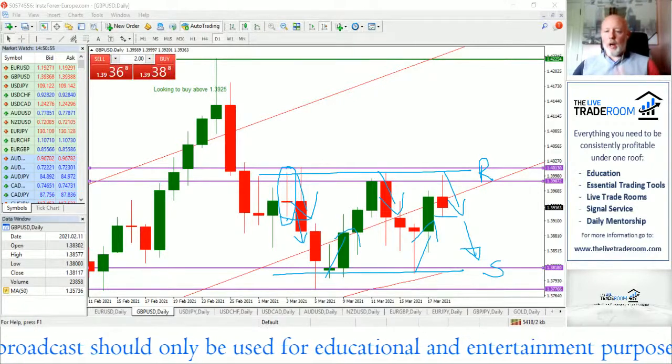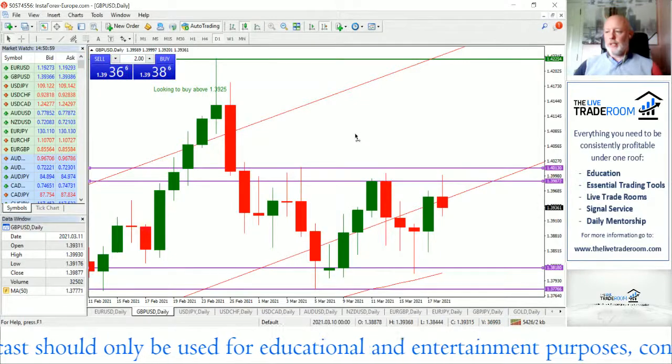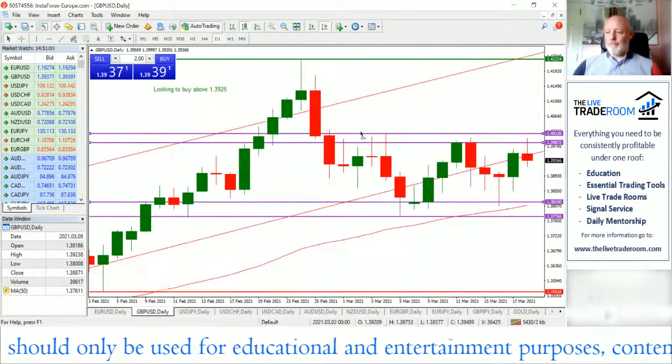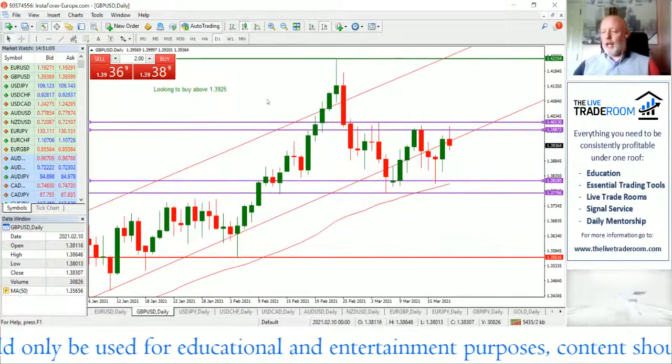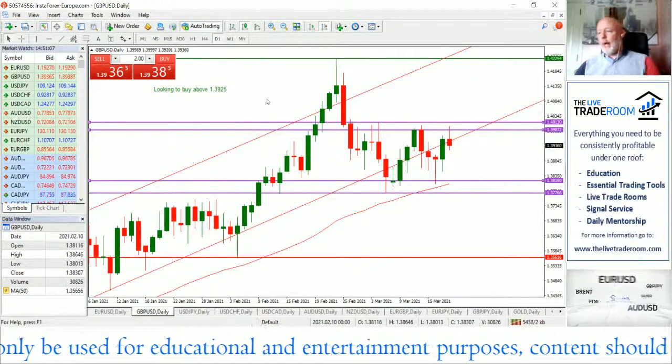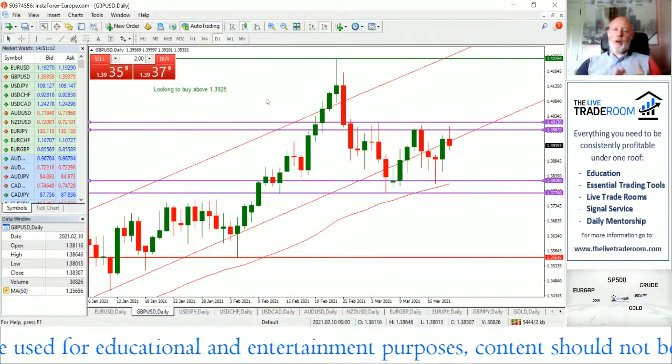So it's constantly assessing probabilities for us. Yes, it is predicting what's likely to happen, I'll agree on the wording. But really it's about the assessment of the probability.